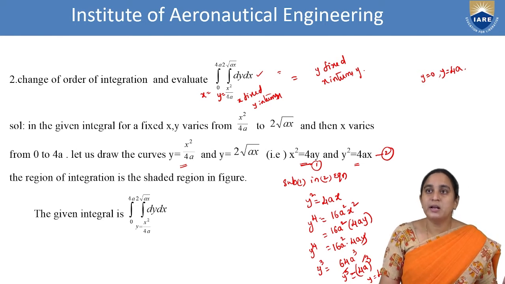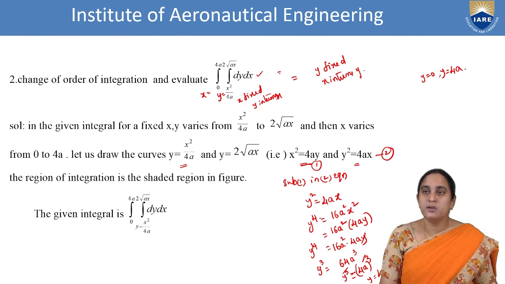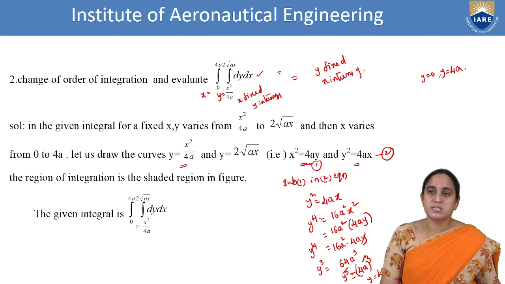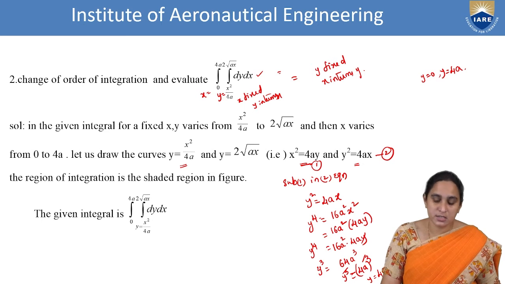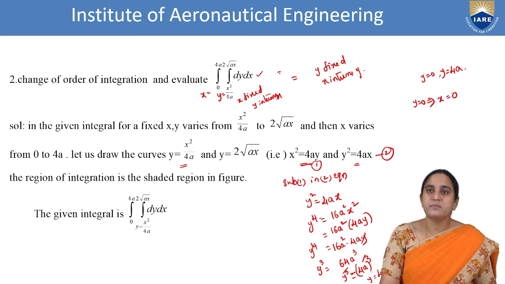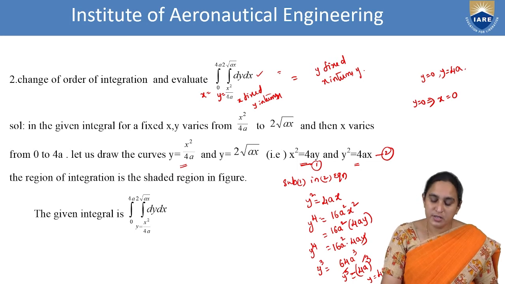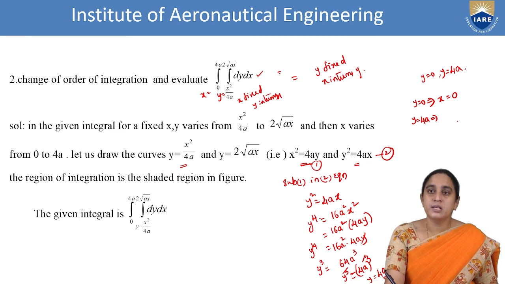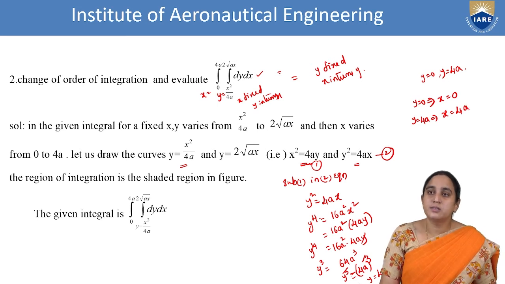If you know the y limit points, y as 0 and y as 4a, substitute the two points in either the first equation or the second equation, and we get the x limit points. If we substitute y is equal to 0 in the first equation, x is 0. If we substitute y is equal to 4a in the first equation, we get x also 4a.